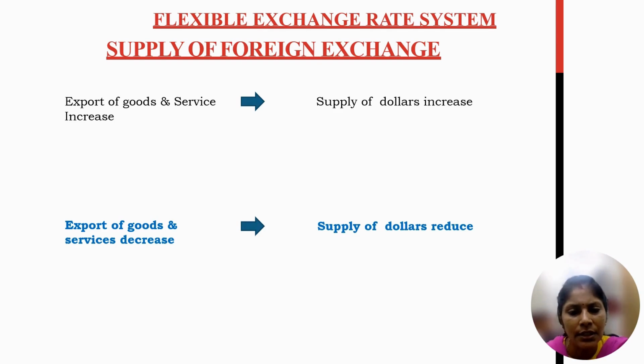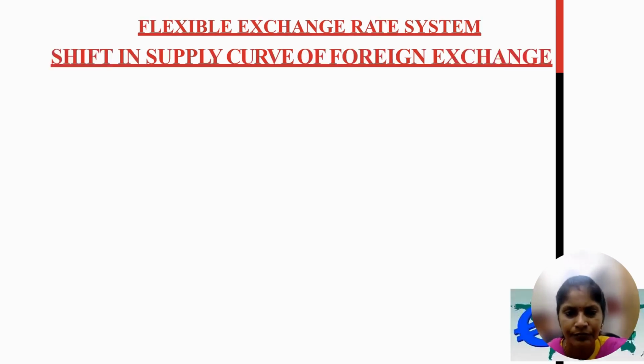The other factors have the same effect on the supply of dollars. For example, tourism: whenever there is an increase in tourism from foreign countries to India, the supply of dollars will increase, and when tourism decreases, the supply of dollars will reduce. The other factors have the same effect.